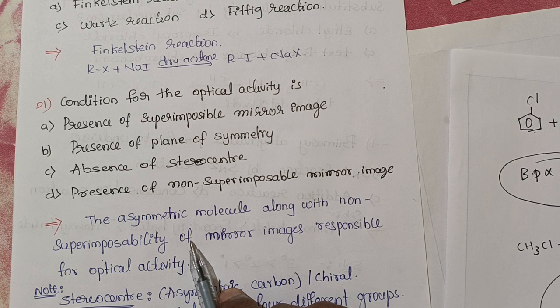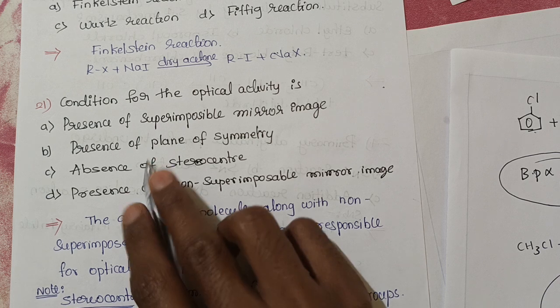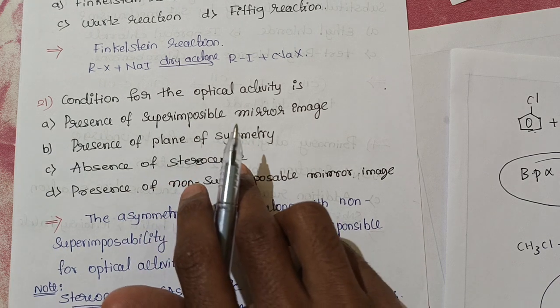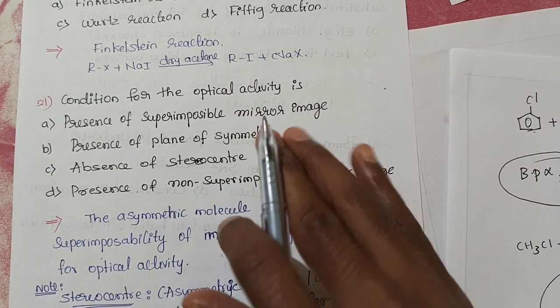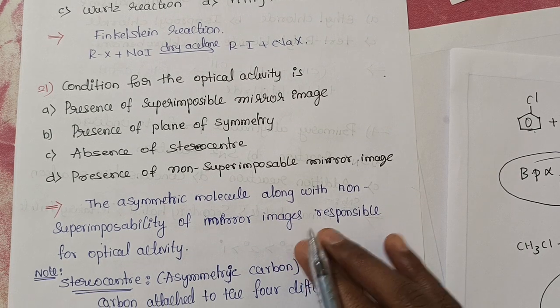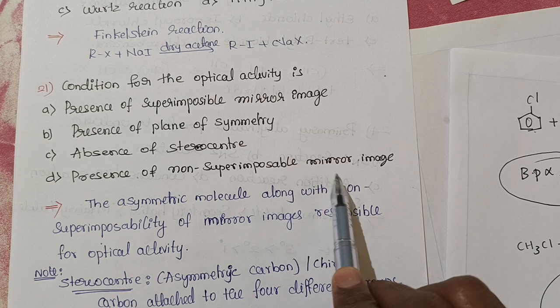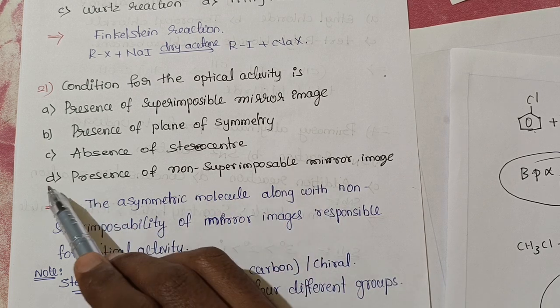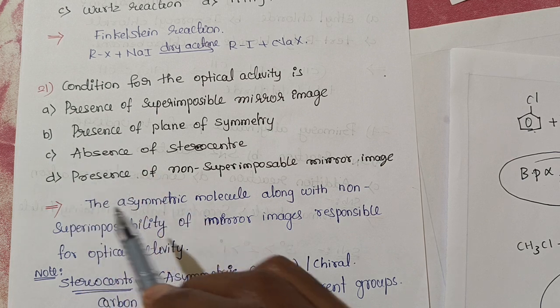Those types of compounds are responsible for optical activity. Here they ask what is the condition for optical activity. The presence of a superimposable mirror image is highly impossible, and if it is present, that is optically inactive. And the presence of a plane of symmetry, the absence of a stereo center, and the presence of a non-superimposable mirror image. So the correct answer is the presence of non-superimposable mirror images. This is the condition for optical activity.